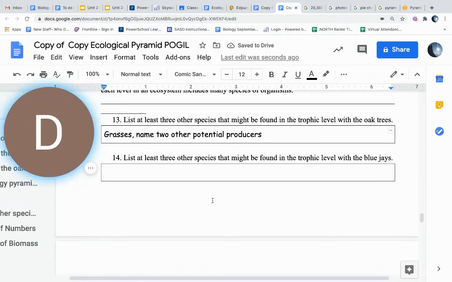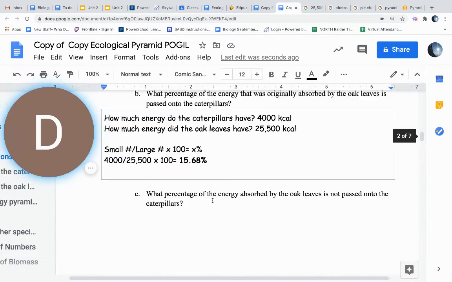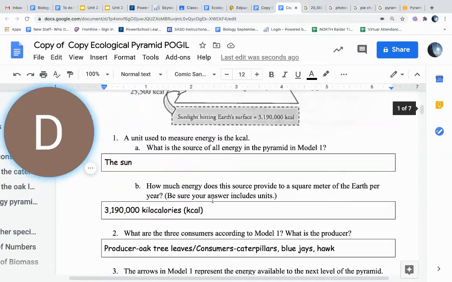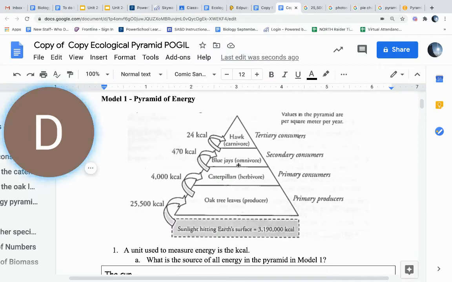All right, 14, list at least 3 other species that might be found in the trophic level with the blue jays. So the blue jays are going to be in our omnivores, okay? Our omnivores. They eat the caterpillars. So we could think of them as, what else would be a secondary consumer?